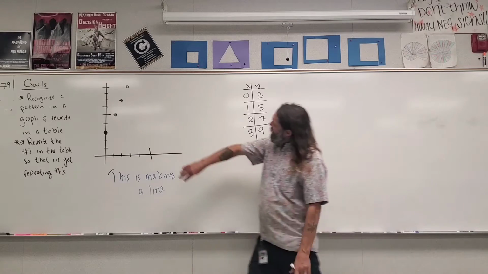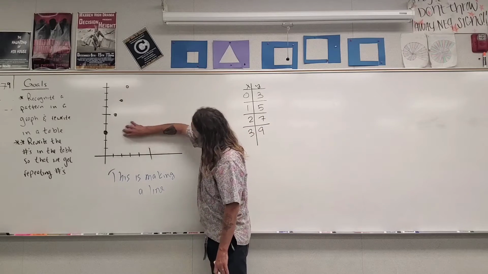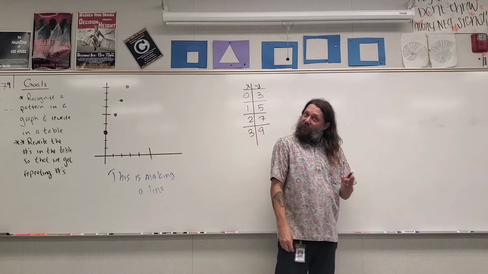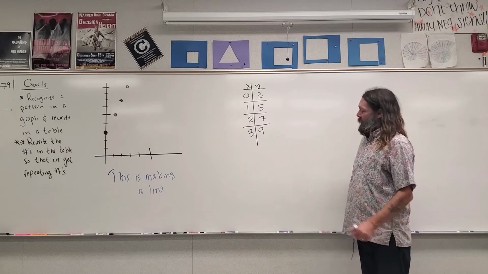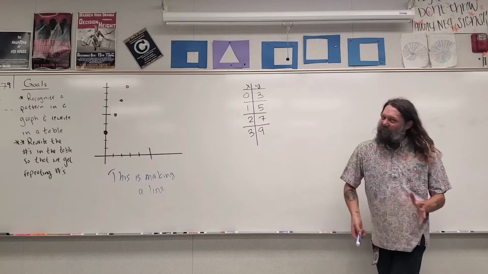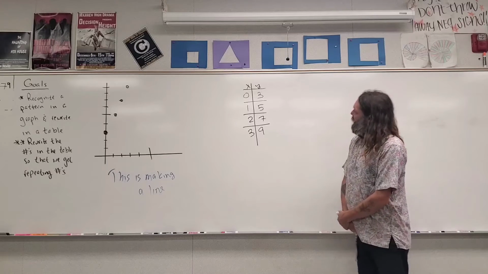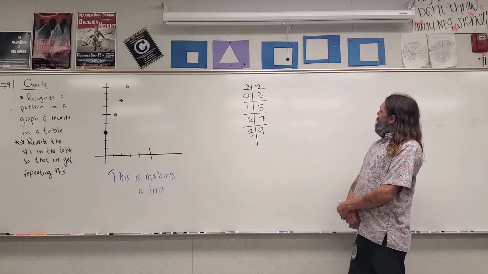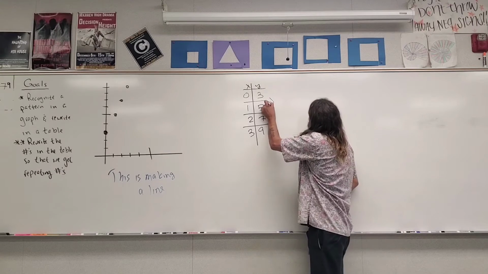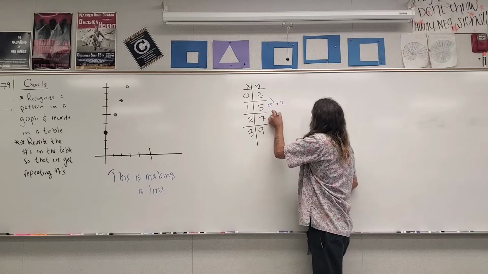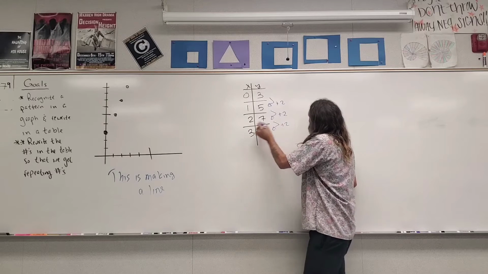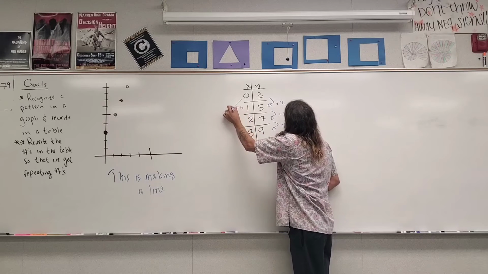So let's look at this a little bit further. Since there's a pattern in the graphical representation of a relation, there should be a pattern in the table representation of the relation. I'll just go ahead and tell you what the pattern is. The y values are increasing by 2, and the x values are increasing by 1.